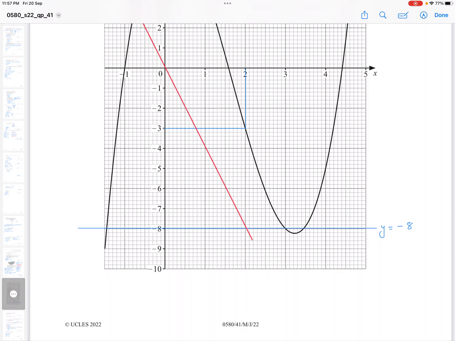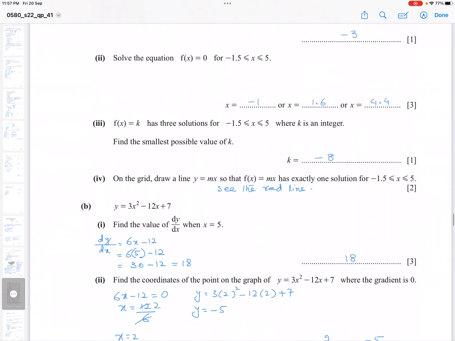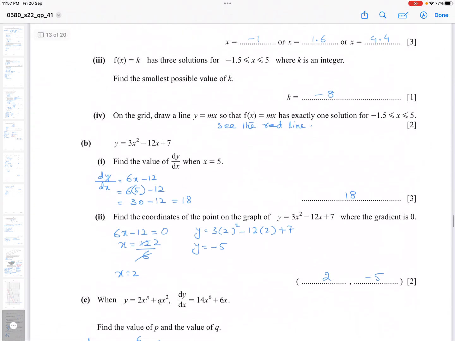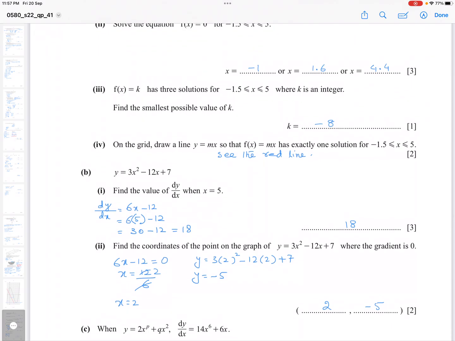Above this line, if you draw the lines y is equal to -7, -6, and if you go up, all the lines would cut the graph at three places. So the minimum value you can get is y is equal to -8. So you can write k is equal to -8.